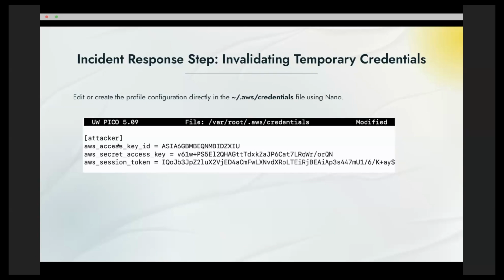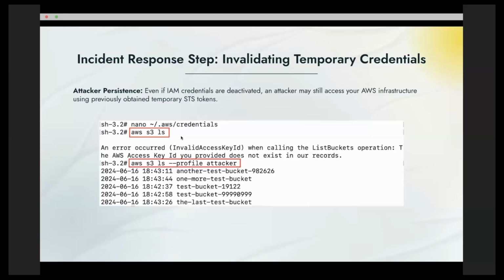What the attacker can do next is configure the AWS CLI, the .aws credentials file, and let's say in this hypothetical example, the profile name is attacker. The configuration is very similar to how you do it for long-term security credentials. The only difference is that you add the AWS session token to it. Remember the name of the profile: the profile name is attacker. Now you see that even though the original credentials were invalidated, and those original compromised credentials were not able to access any resource within your AWS environment, these temporary credentials can still be used to access resources.